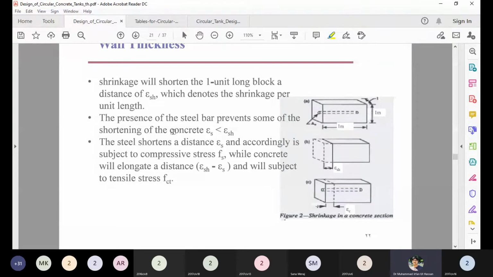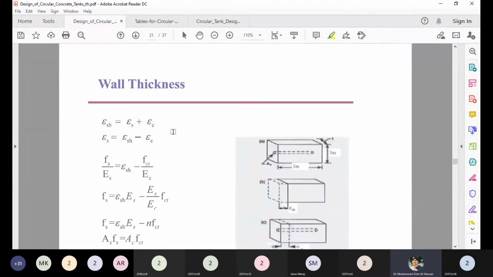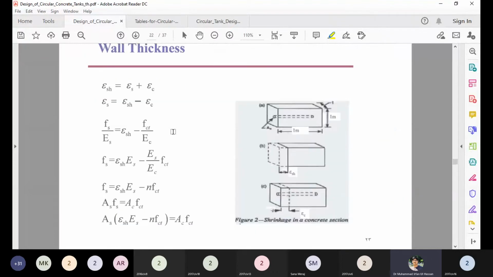So it means that the net strain that will be developed in the concrete will be the shrinkage minus the steel strain. You can say that the total shrinkage strain will be the sum of the concrete strain plus steel strain, and steel strain can be determined by the shrinkage strain minus concrete strain.